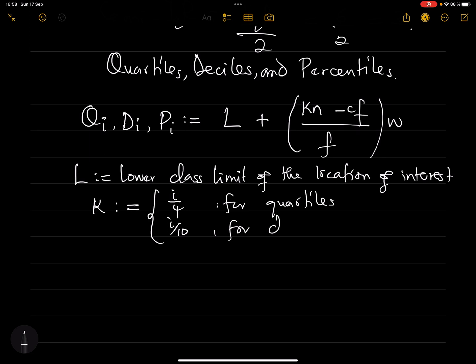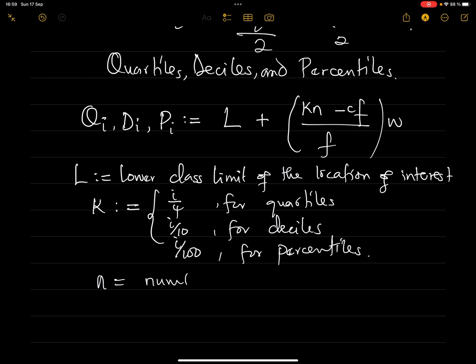And for percentile, it is i divided by 100. Okay? We've got k. What about n? n is nothing but the number of observations.